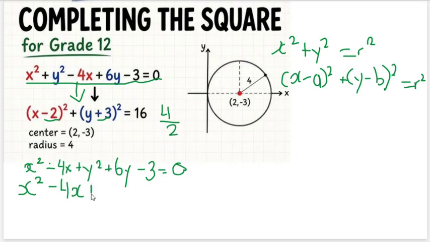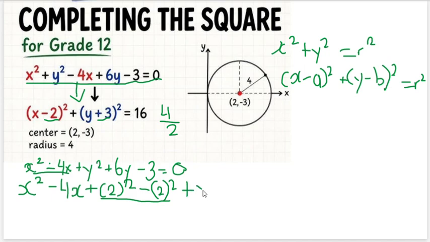So when we do that, you're going to add 2 squared, minus 2 squared, because when completing a square we don't want to affect the equation. If we add and subtract it together, it will still give us the same thing. So when completing a square, we don't want to disturb the equation.